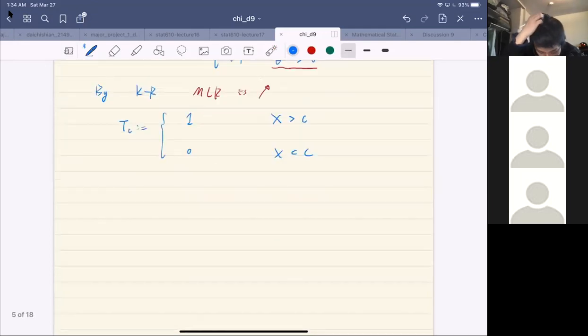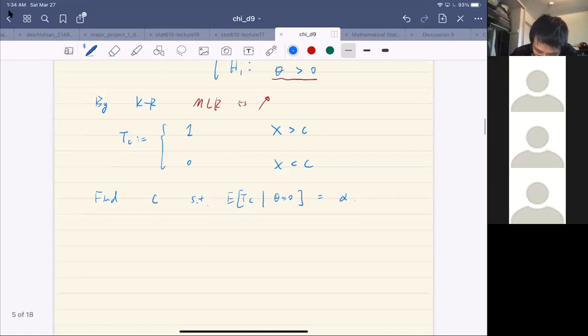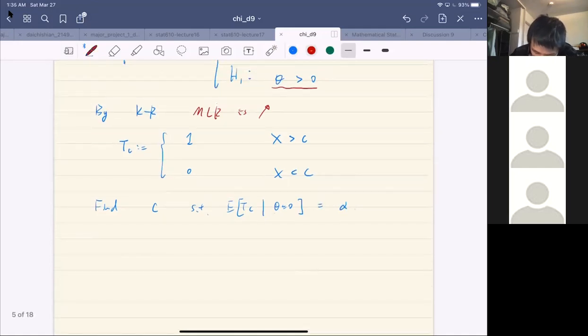So we have to find such a c under the rule such that the size is alpha. Here we only have to consider theta equal to 0 because it is a monotone ratio.